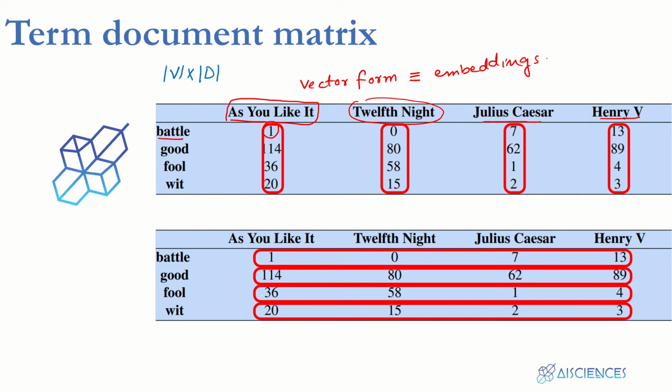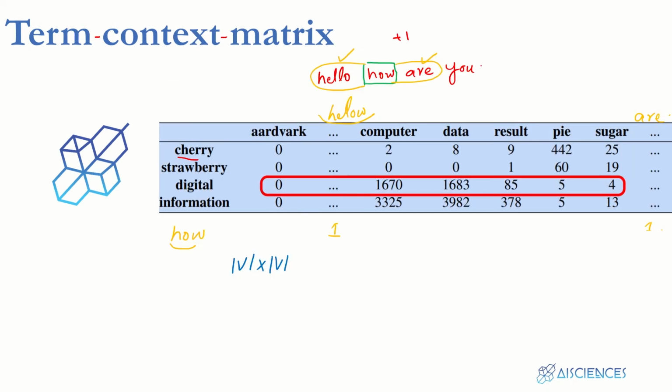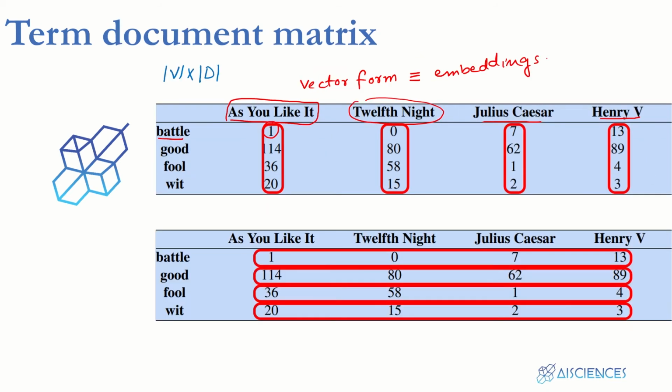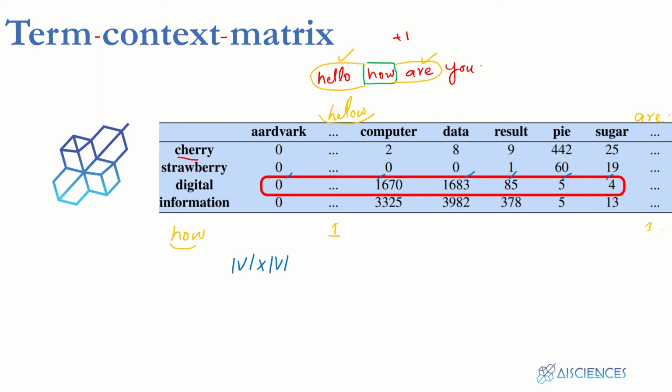They can be reconstructed back with zero loss, ideally. So we can have smaller dimensional representations. By dimension, I mean the number of values in the row vectors. That is the dimension of the word vectors, both in the term document matrix and in the term context matrix.